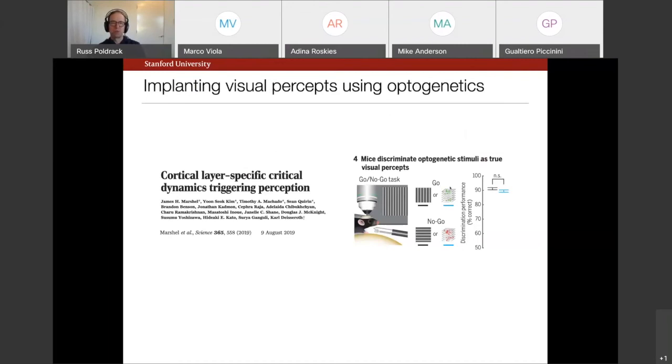They train an animal to do a visual task based on particular visual inputs. They record activity across a bunch of neurons, and then, without any visual stimulus, reinstate those patterns of neural activity, and show that the animal can perform the task just as well on those artificial neural implants as they can on the visual stimulus itself.